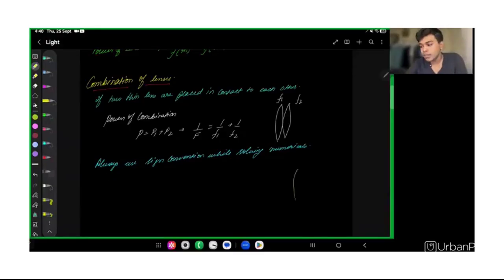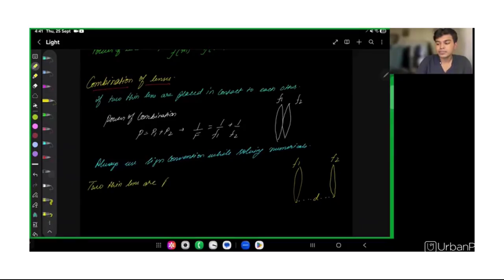Now let's take an example where two lenses are separated by distance D. This is F1, F2, two thin lenses are placed in a small distance D, right?